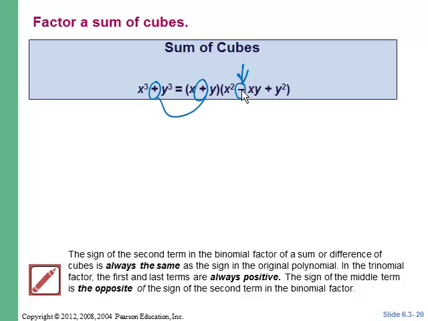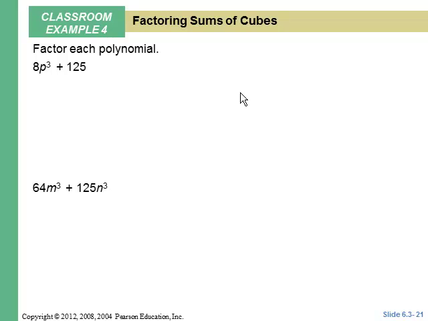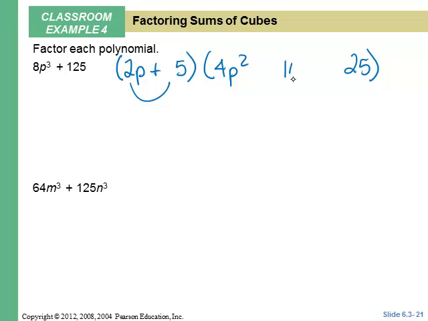You always have exactly one negative sign. Cube root of the first term, cube root of the second term, copy the sign. Square the first term, square the last term, multiply these two together, and you have exactly one negative sign, and the negative sign is right there.